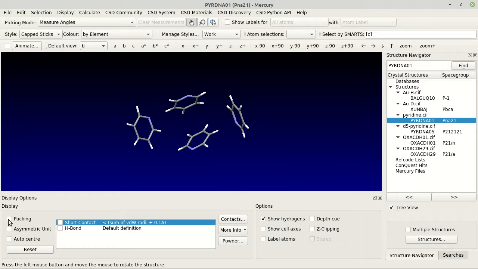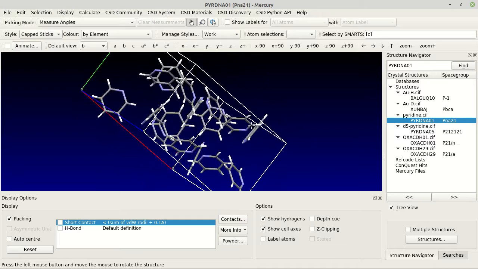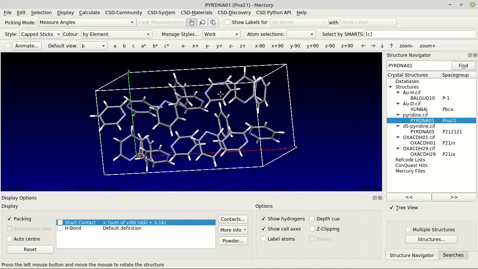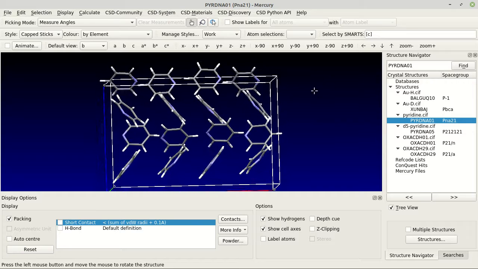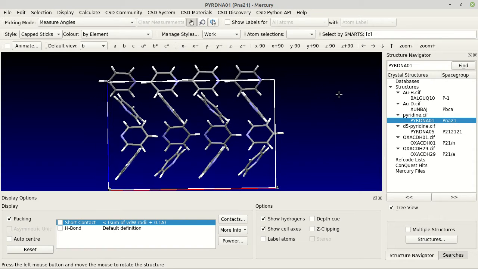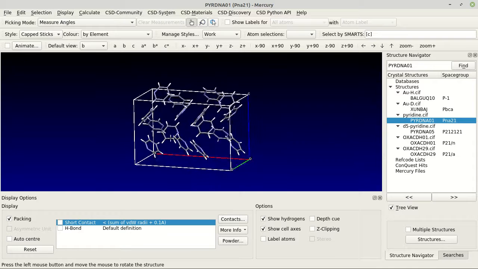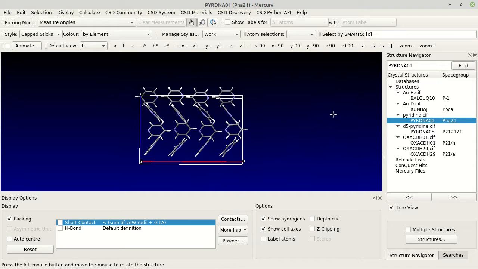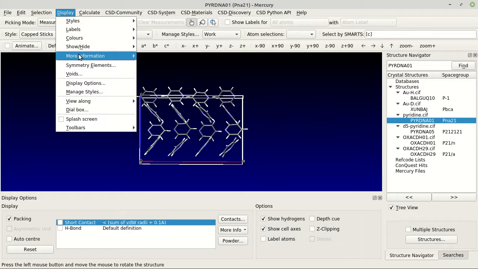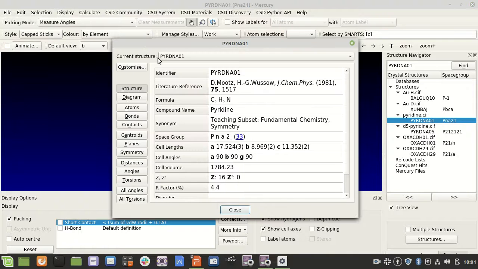And if you click here on packing, this is the cell of pyridine. You see several pyridine molecules inside; display more information, structure information: 16 exactly.